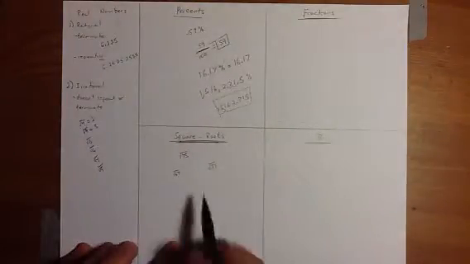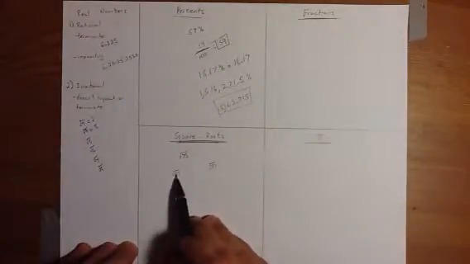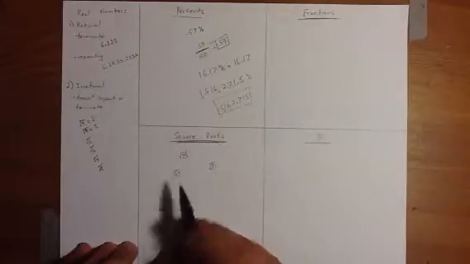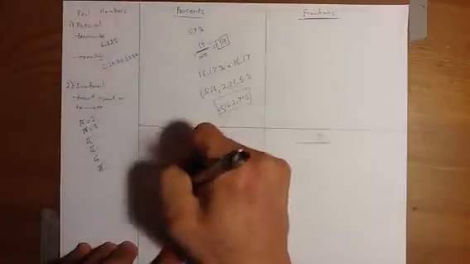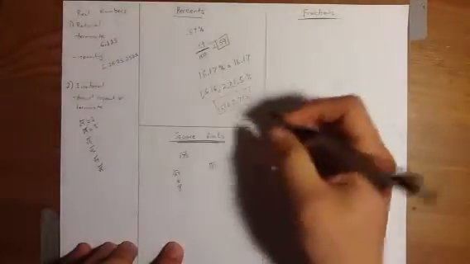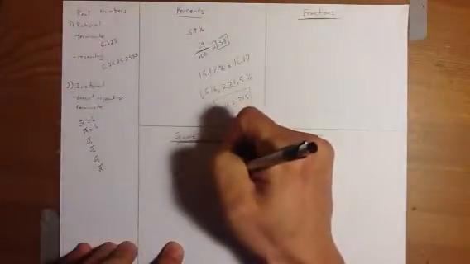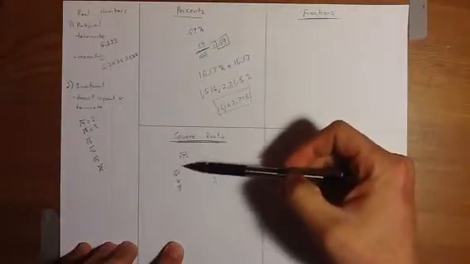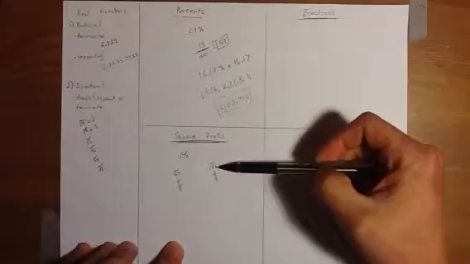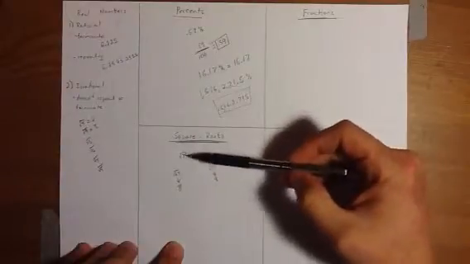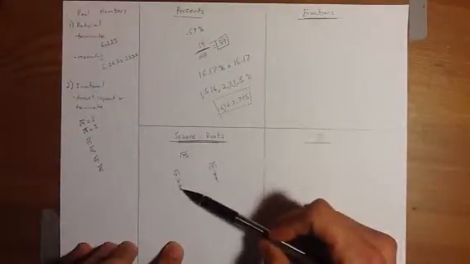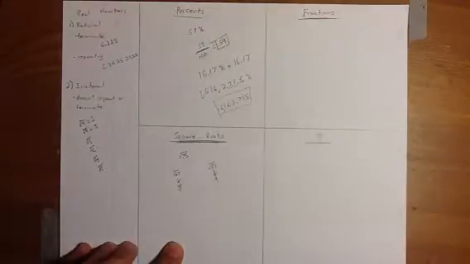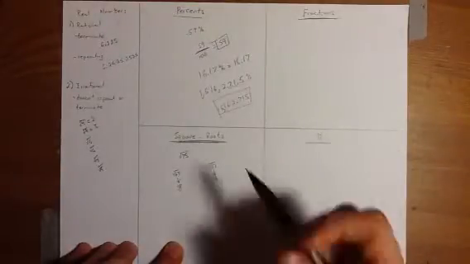And the square root of 75 falls somewhere in between the square root of 64 and the square root of 81. So the square root of 64 is 8. Square root of 81 is 9. So if the square root of 75 falls in between them, then the square root of 75 also falls somewhere between 8 and 9. Now let's get a little more precise if we can, and let's just think about halves, all right?